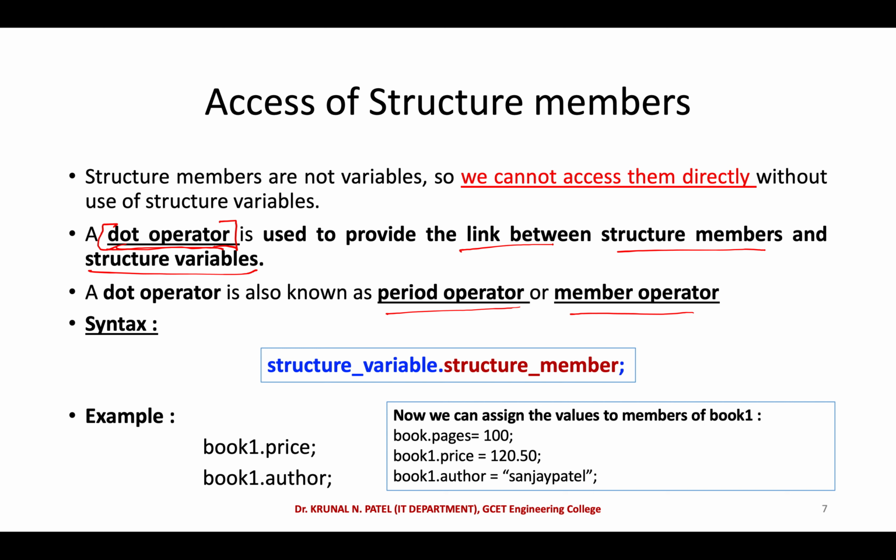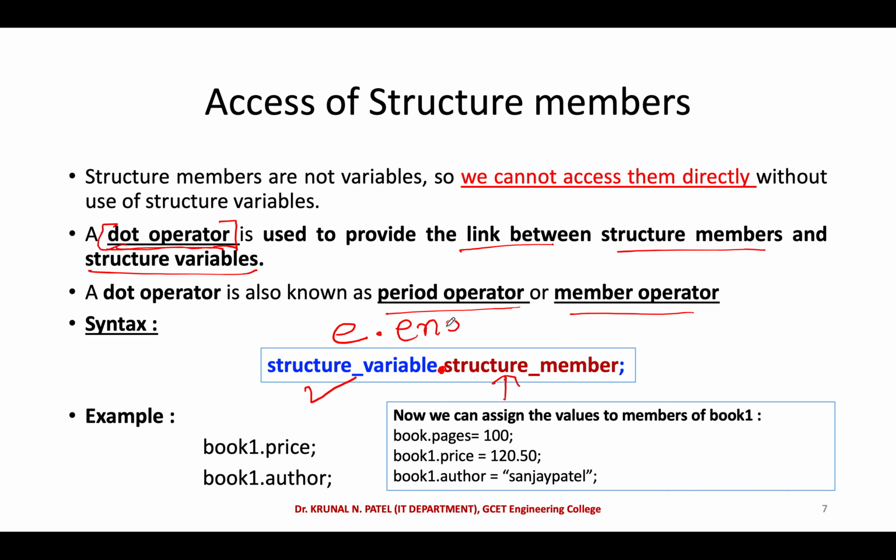Now, what is the syntax, how can you access it? Here you have to provide a structure variable, then a dot, and then the structure member. As per our previous example, if I want to access the employee number, what I can write is the structure variable, which was e, then the structure member, so I want to access the number.